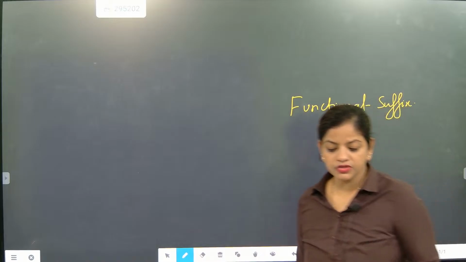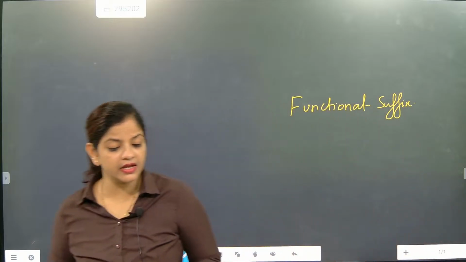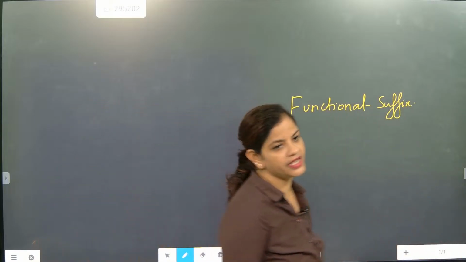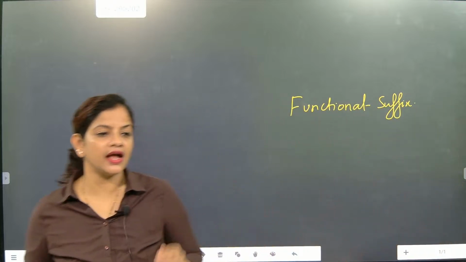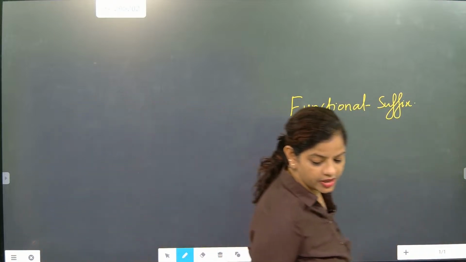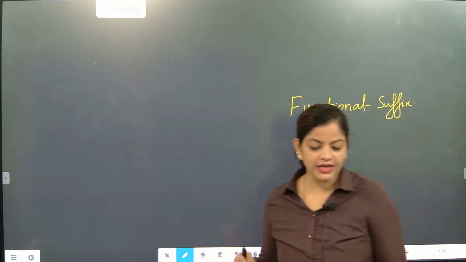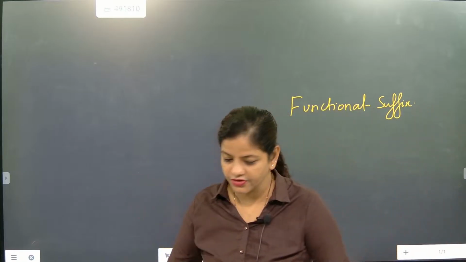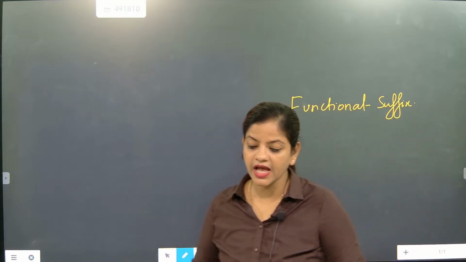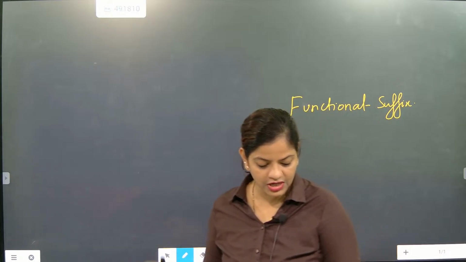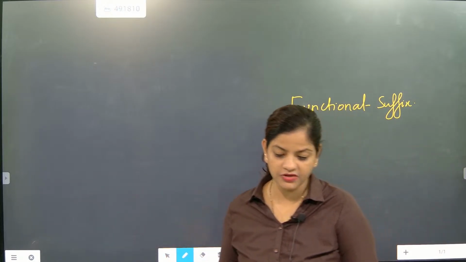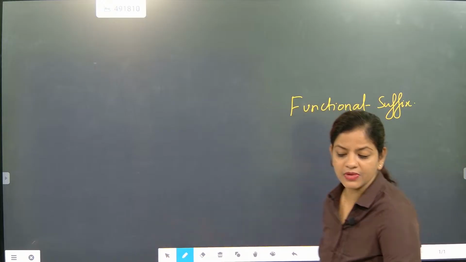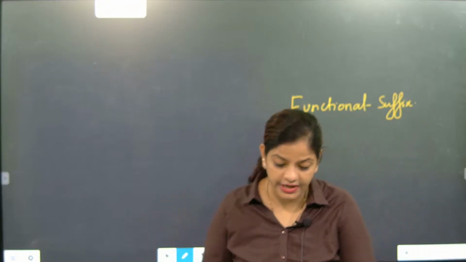So now look here. That means we are just adding one suffix. Functional group here means add suffix. This is the first important thing. It is called a secondary suffix, after the primary suffix. So what is the primary suffix and what is the secondary suffix?